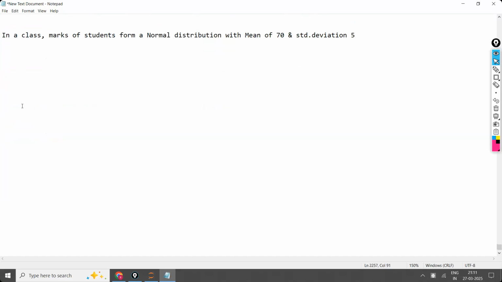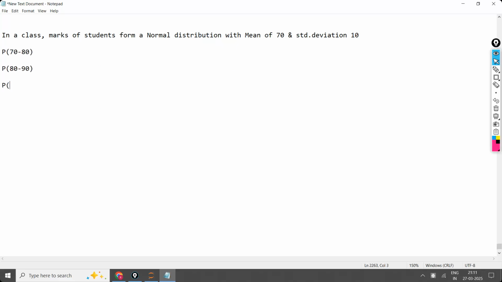In a class, the number of students makes a normal distribution with mean marks of 70 and standard deviation of 10. What is the probability of 70 to 80 is question 1. Probability of 80 to 90.